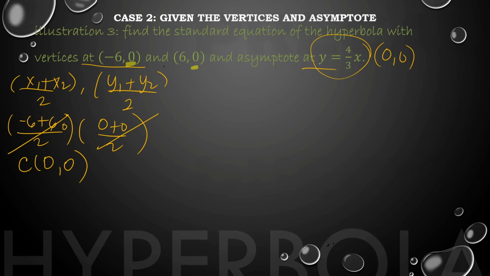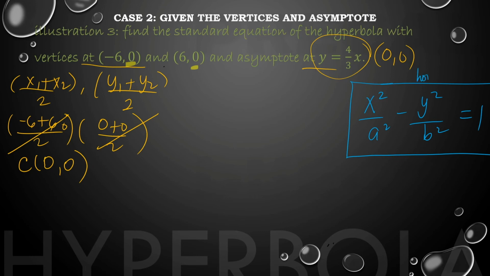So, ibig sabihin, nakaparallel sa x-axis yung transverse axis. So, therefore, isa siyang horizontal hyperbola. Kaya, ang gagamitin natin is yung x squared over a squared minus y squared over b squared is equal to 1. Kapag horizontal hyperbola.